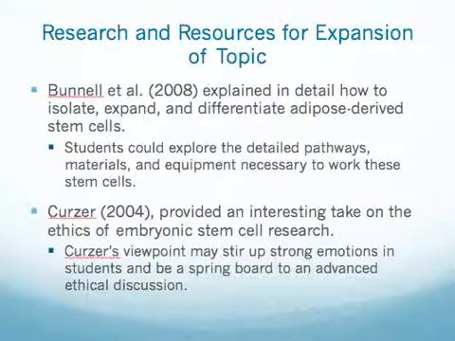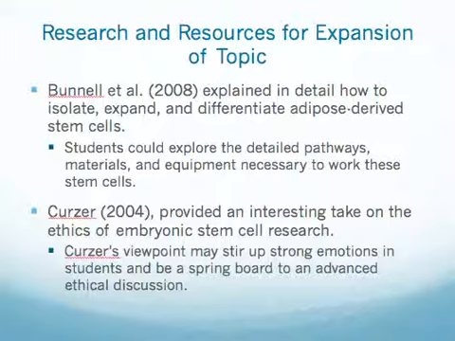Okay, for my expansion of the topic, there's two things that I came up with, so if my students are getting on, we can expand them further. First is Bunnell et al. in 2008. Their research that I read explained in detail, and I mean in detail, how to isolate, expand, and differentiate adipose-derived stem cells.